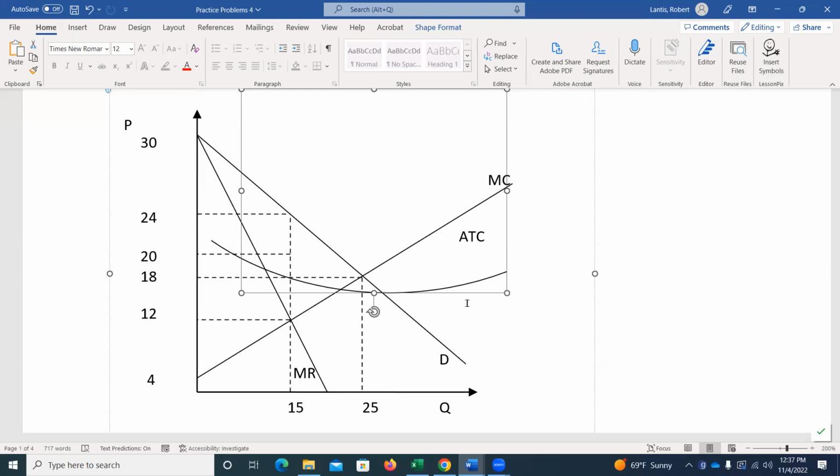So I may ask you on the exam, if this was a perfectly price discriminating monopolist, I might want you to know things like the equilibrium quantity will be the allocatively efficient quantity. I might want you to know that total surplus is maximized, because we're at that allocatively efficient quantity. I might also want you to know that consumer surplus, however, goes to 0.